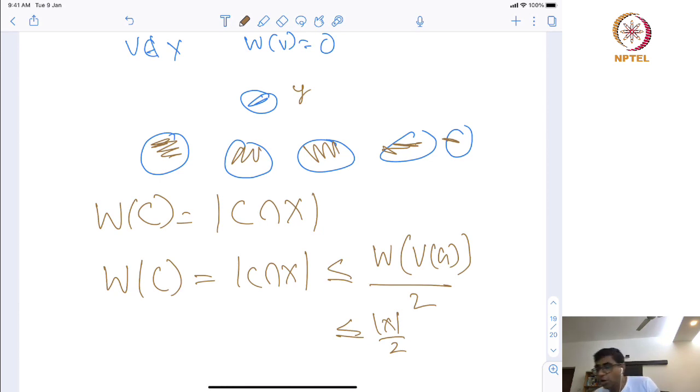If it does not belong to X, then look at the connected components and their intersection with X. Those are the connected components of X itself, and they all have size at most half. It means the graph induced on X already had every connected component of size at most |X|/2, because if it had been connected, you would have found a vertex with this property.